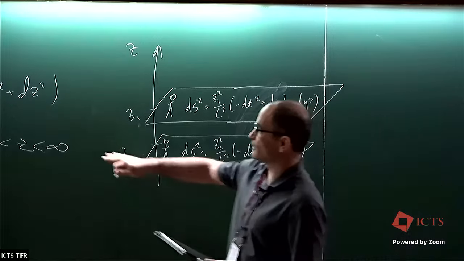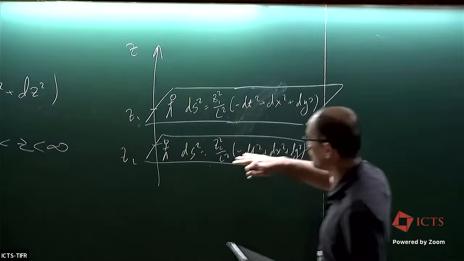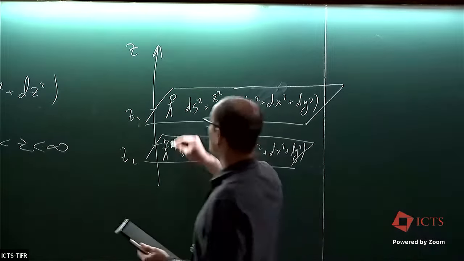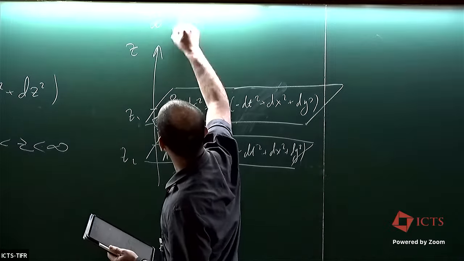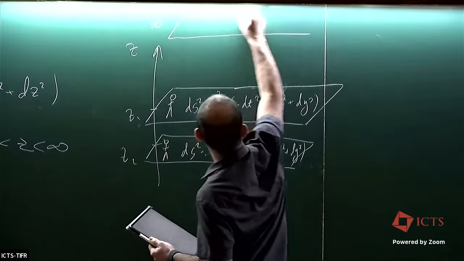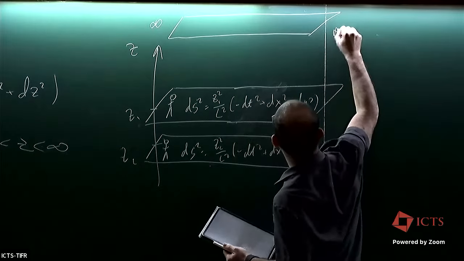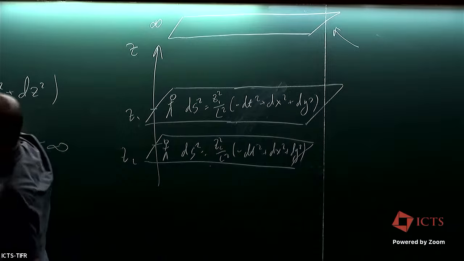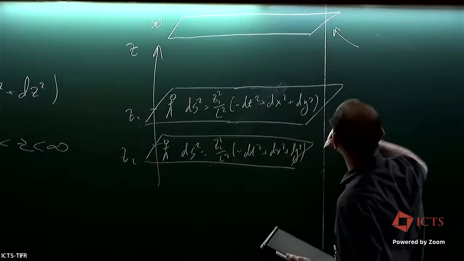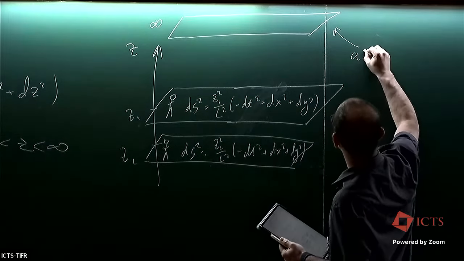So this is what this space-time looks like geometrically. Way out here at z equals infinity, we again have something that looks like a very big factor times this three-dimensional space. This is called asymptotic infinity.